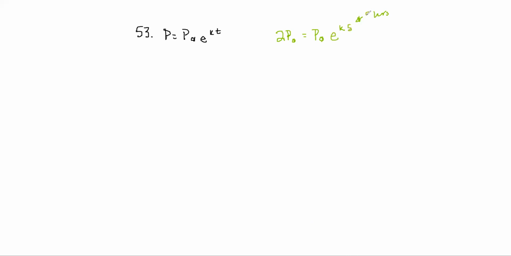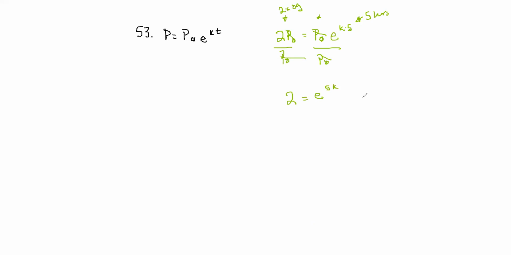All right, and this is double the original. So I'm going to divide both sides by P naught so I can get that variable out of the way. So I have 2 is equal to e to the 5k.